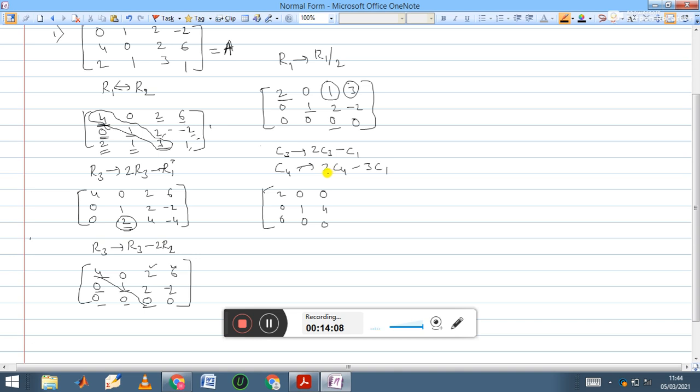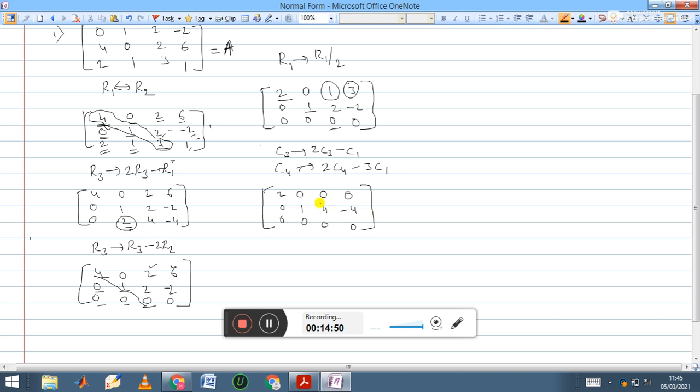In the fourth column you are using the operation 2C4 minus 3C1. Here you are multiplying column 4 by 2 and column 1 by 3. Then your first entry becomes 0, then the second entry 2 into 2 minus 4 minus 0 gives minus 4, then 0 minus 0 gives 0.